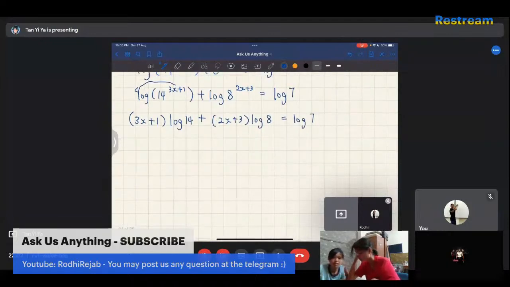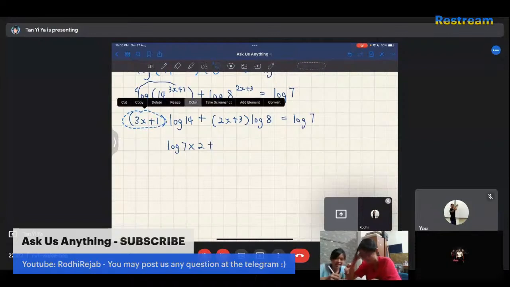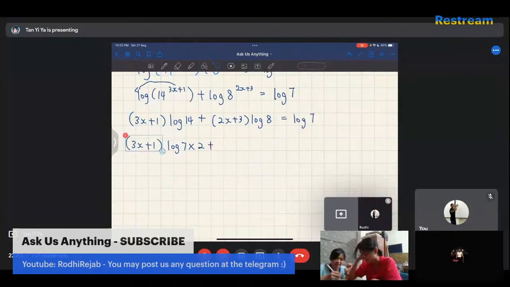Then we also know that 14 is 7 times 2, and 8 is 2 to the power of 3, so log 8 becomes 3 log 2. Just copy it down.